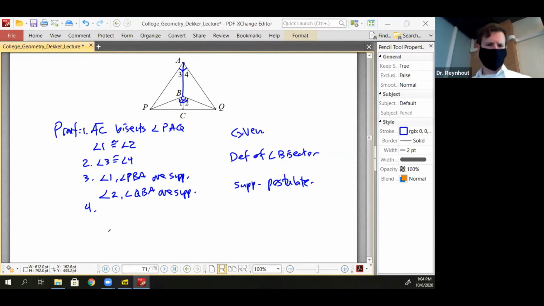This is fine. For the fourth step, once we have this, when an angle is supplementary with another angle, and that angle is congruent to another angle, and we have that angle is supplementary to this one, then we get that these two angles are congruent. And that is from the supplementary angles theorem. So angle PBA is congruent to angle QBA, from the supplementary angles theorem.